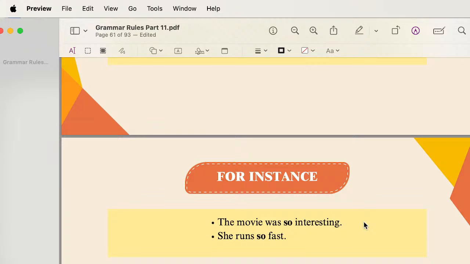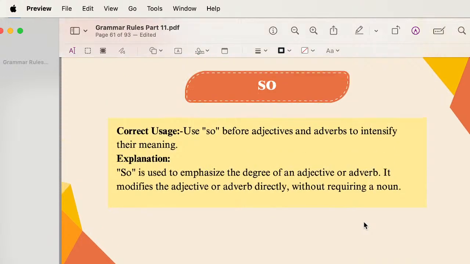Your adjective. So when you want to specifically focus on the fact that it was actually amazing or interesting, then to intensify your adverb or adjective, you use so. Alright? So this is something that you must remember.